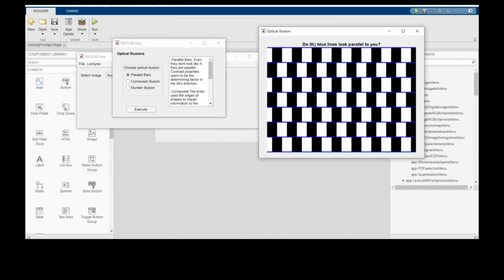All these blue lines are parallel to each other. But it is difficult to see that they are parallel because of the location of the black and white bands. It is difficult to say that they are parallel, but they are parallel.